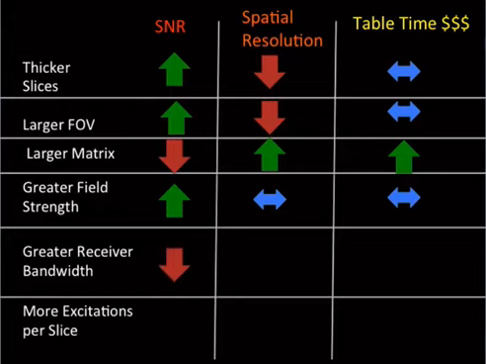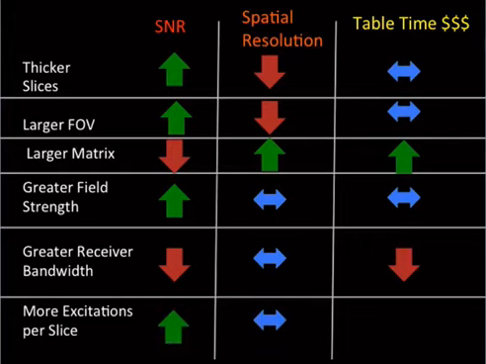Now, receiver bandwidth does not have an effect on spatial resolution. And if you've got a larger bandwidth, this also will decrease your table time. Now, more excitations per slice, that's going to result in more signal, so improved signal to noise ratio.